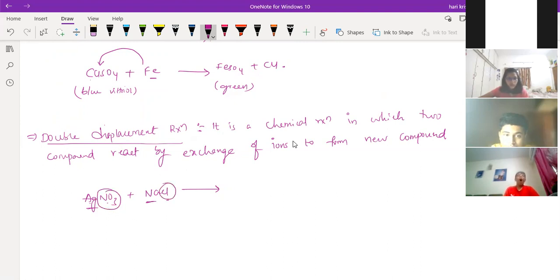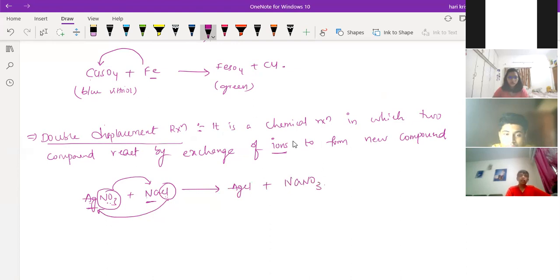It is a chemical reaction in which two compounds react by exchanging ions, right? So what are the ions here? NO3 and Cl. Ag will give NO3 to Na, and Na will give Cl to Ag. So it will form AgCl and NaNO3.